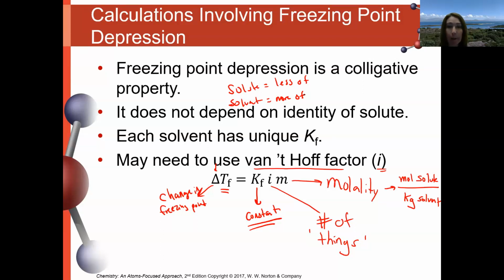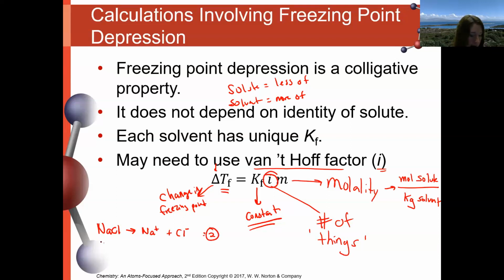Remember, i is the number of things. Again, what does that mean? It means the number of things it breaks up into. So for example, if we have NaCl, and remember when we did these dissociation equations a while ago, this breaks up into two things, Na+ and Cl-. So its Van Hoff factor would be 2.